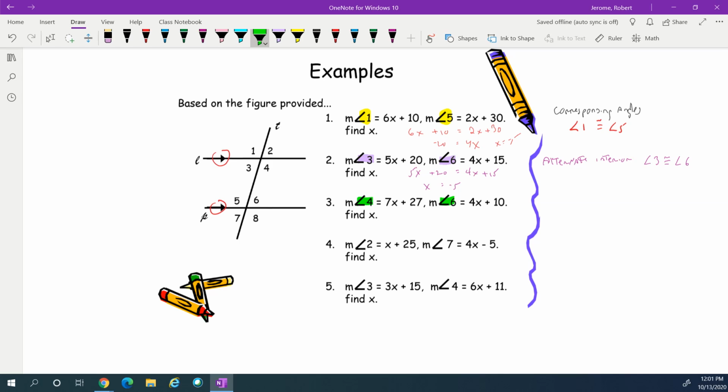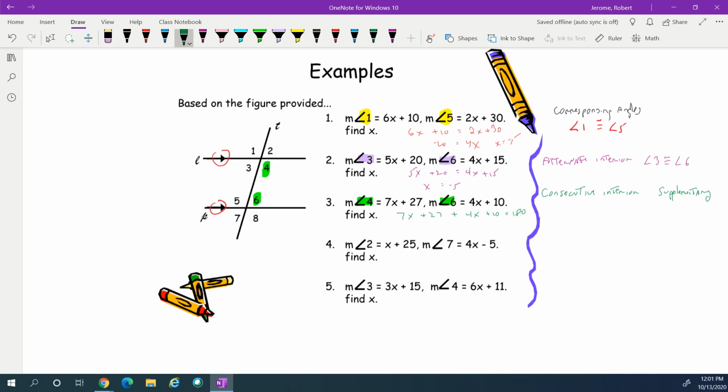Angle 4 and angle 6. Think about what they're called. Consecutive interior. And as long as we have parallel lines, consecutive interior angles are supplementary. So we're going to take our angles and add them to 180.